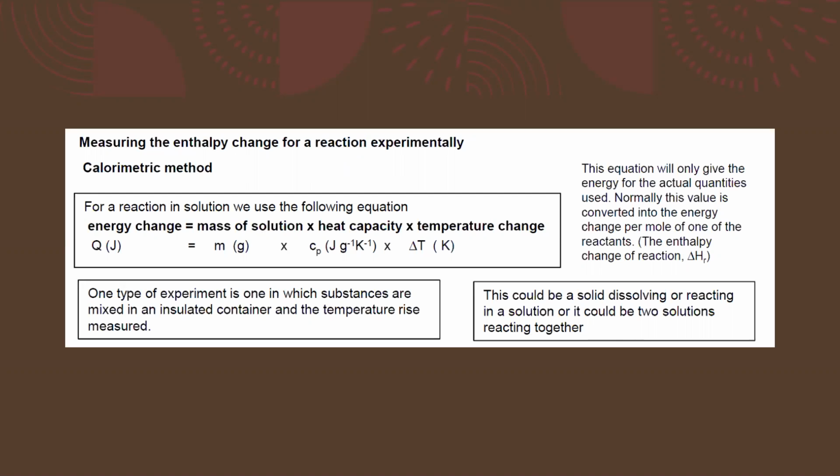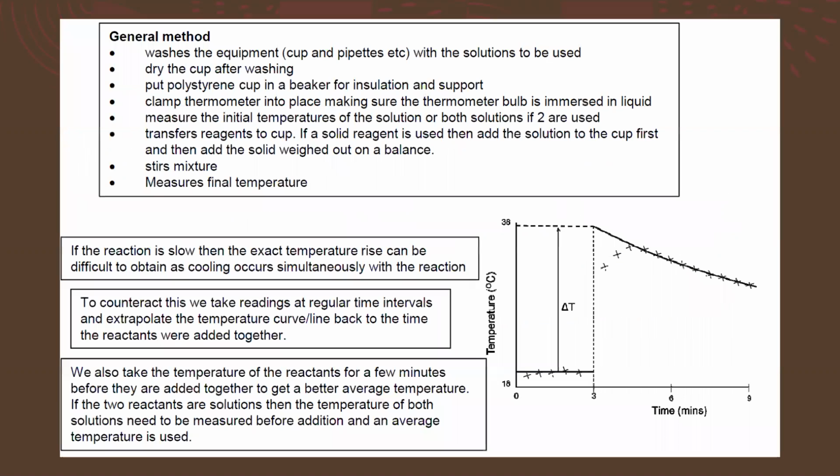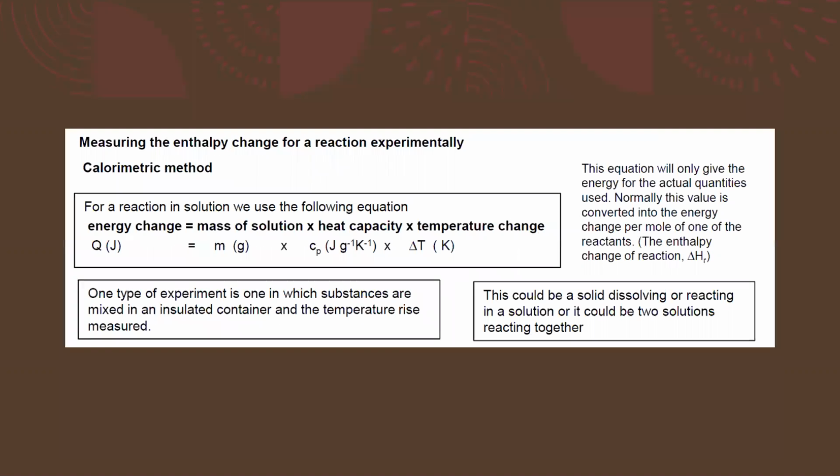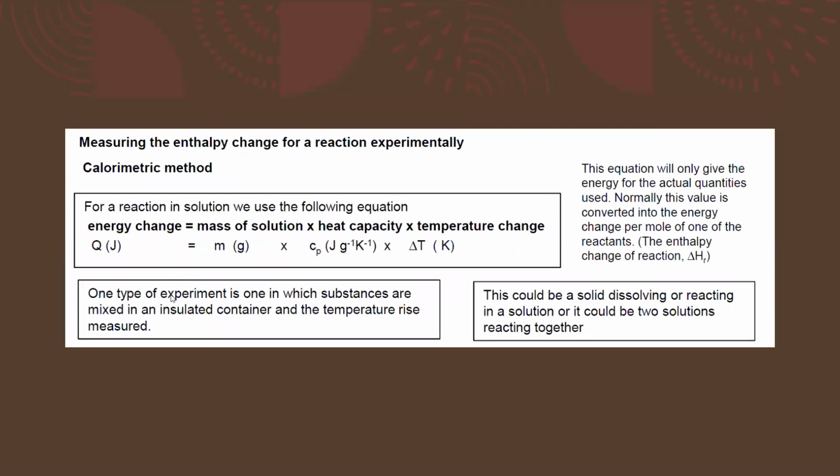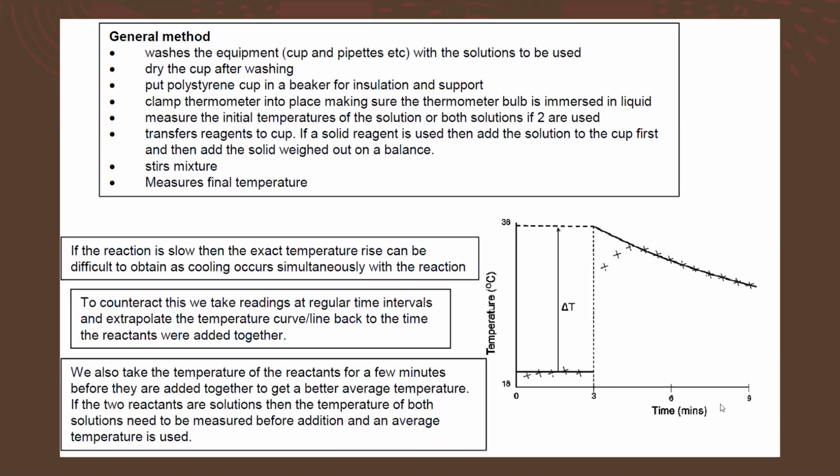So, for example, if you want to work out a chemical reaction and we want to calculate the enthalpy change for this chemical reaction, we use this formula, E is equal to Cm delta T. C is the specific heat of the water, which is fixed at 4.2.